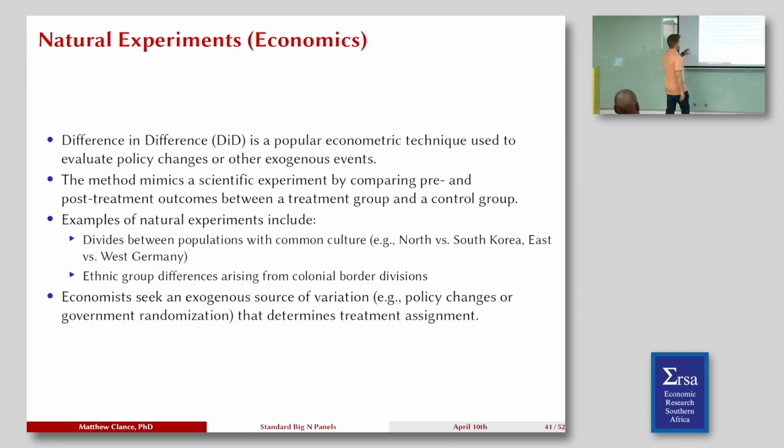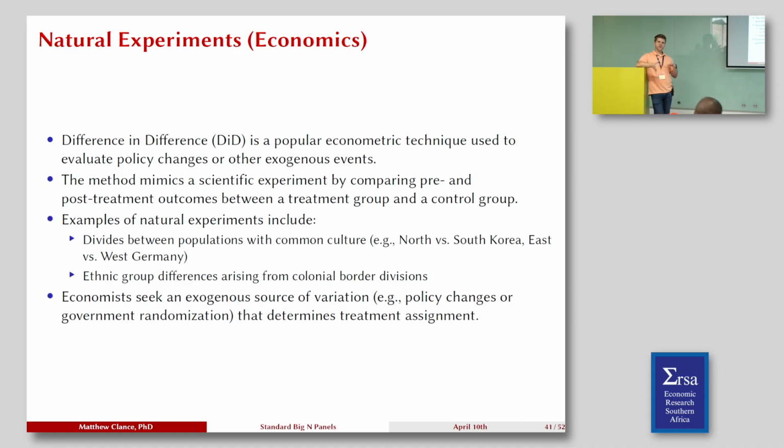Examples of natural experiments include North and South Korea, separated during the war, East and West Germany, and even Africa, where studies have used maps of ethnic boundaries prior to colonialism.